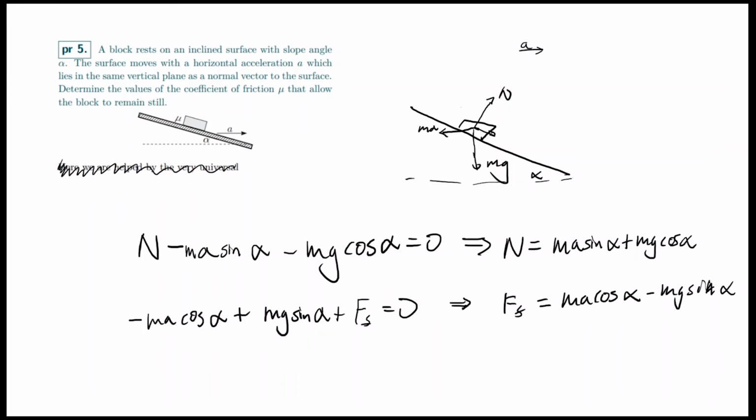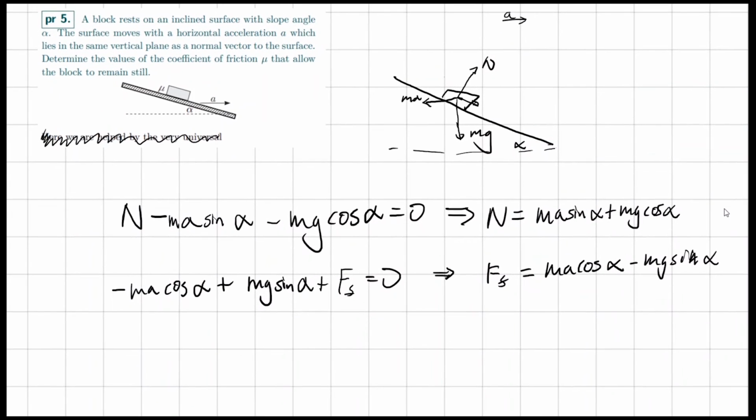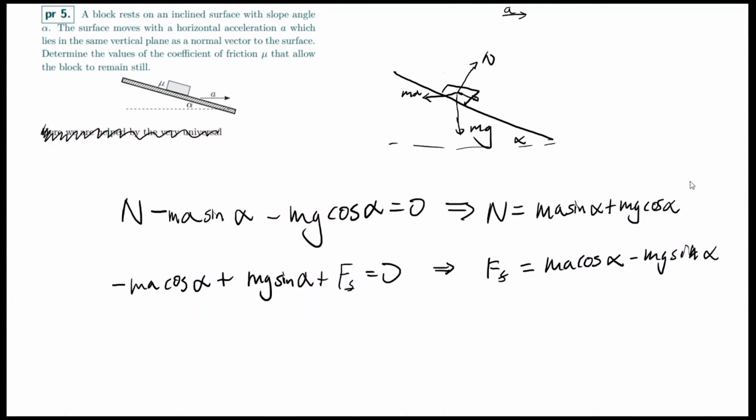And so we want the range of coefficients of friction, so we kind of want to find the maximum coefficient and the minimum coefficient of friction that is required, and the minimum coefficient of friction is when F sub F is equal to mu n, and if F sub F is equal to mu n, then we can divide these two equations, and that gives us mu is equal to, all the m's cancel, a cosine alpha minus g sine alpha over a sine alpha plus g cosine alpha.